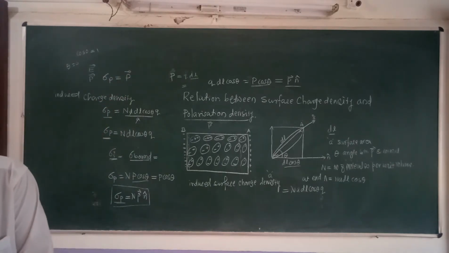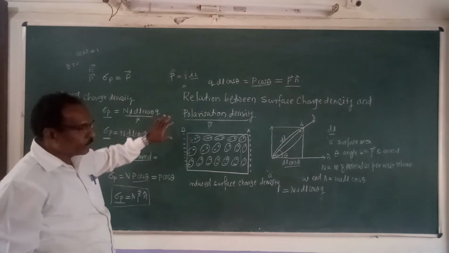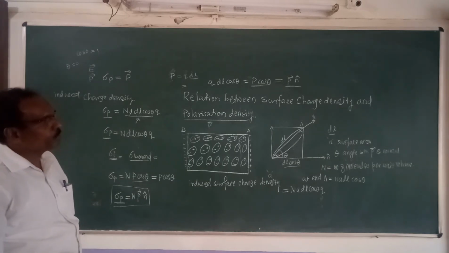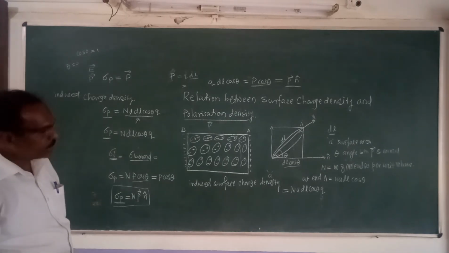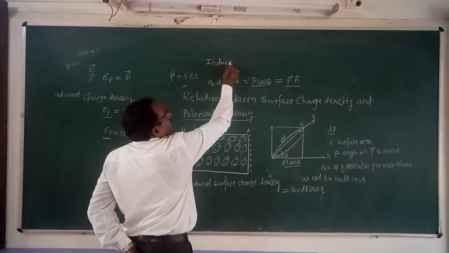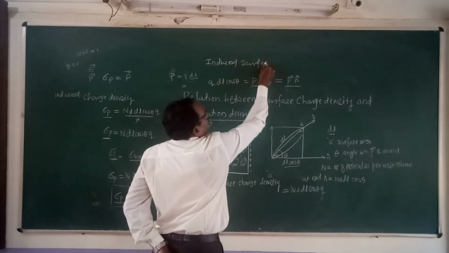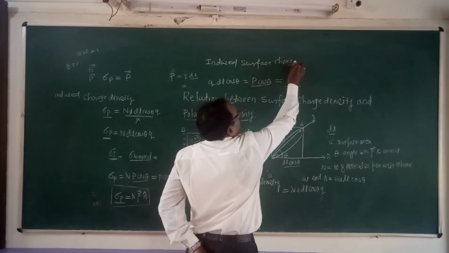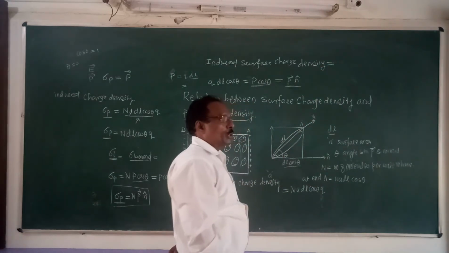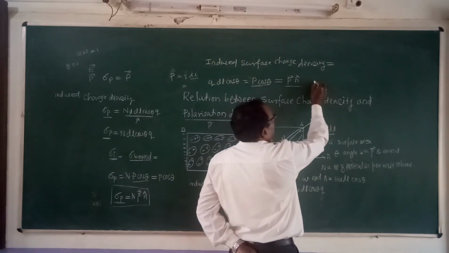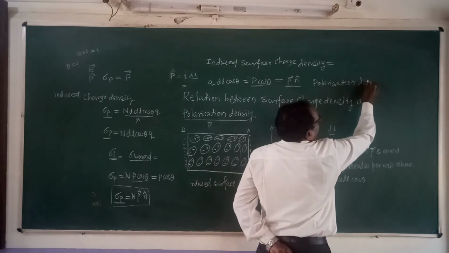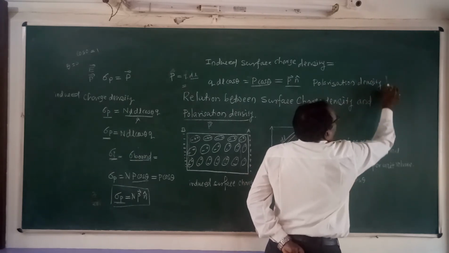So here we conclude that the induced surface charge density is equal to the polarization per unit volume, the polarization density vector P.